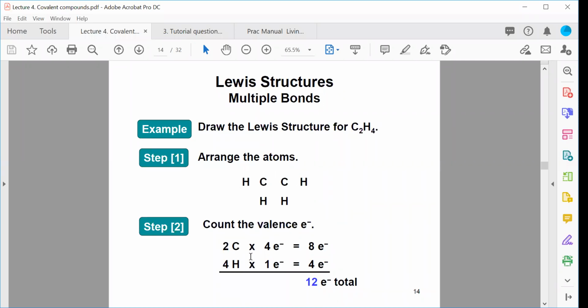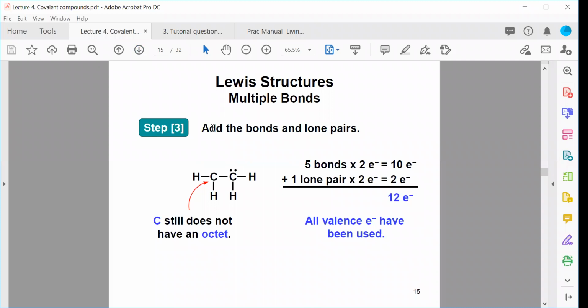Count the valence electrons: 2 carbons, each with 4 valence electrons for a total of 8, 4 hydrogens, each with 1 valence electron for a total of 4, total overall 12 electrons that need to be placed. Step 3, add the bonds and lone pairs. So in this example, we've got some single covalent bonds here, and carbon has a lone pair of electrons here.